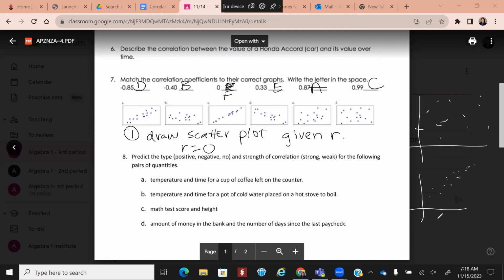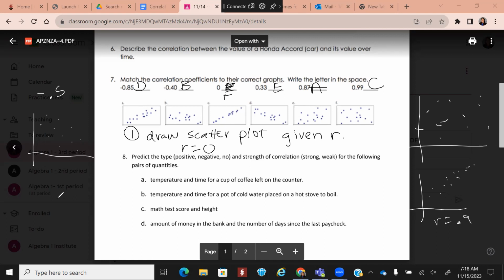If this is an R value of like 0.9. If it had something negative, let's say it had negative 0.5. Okay. That means it's going to be facing downwards and it's kind of in a line, but it's kind of not. But I see that negative shape.